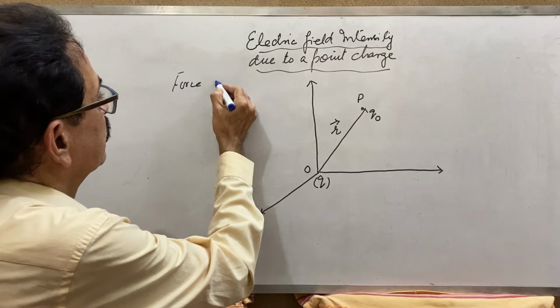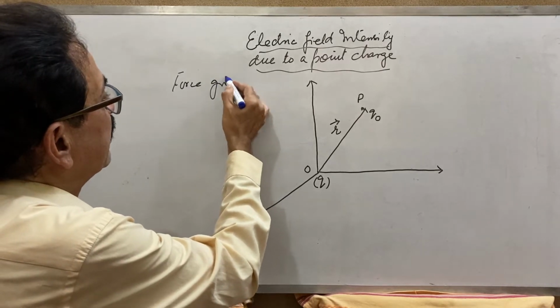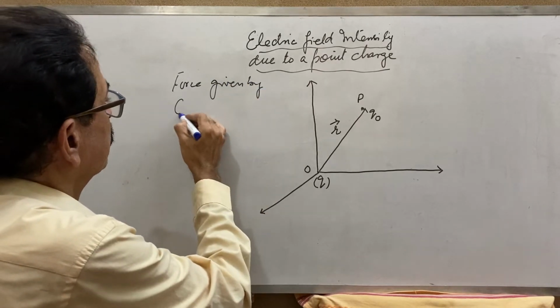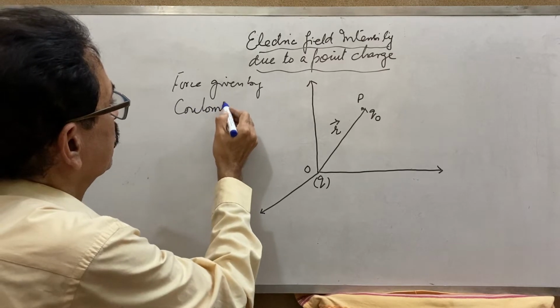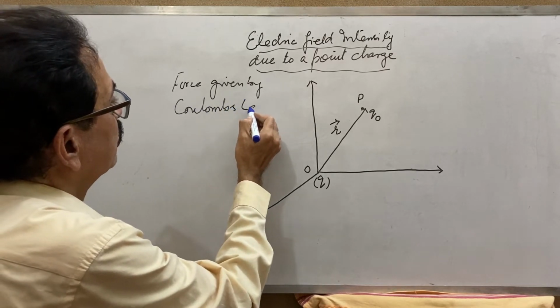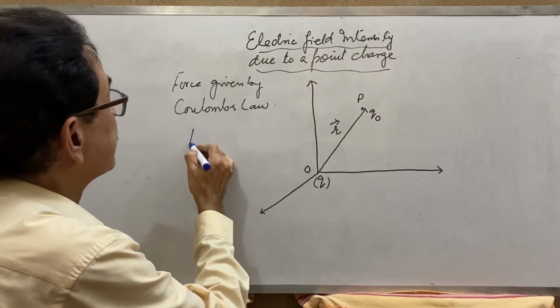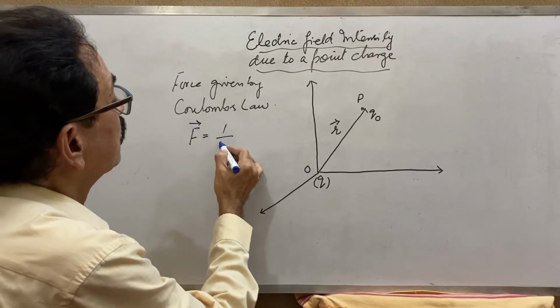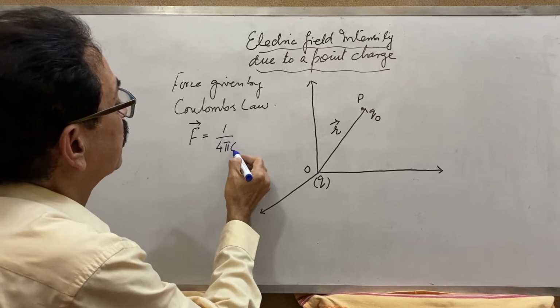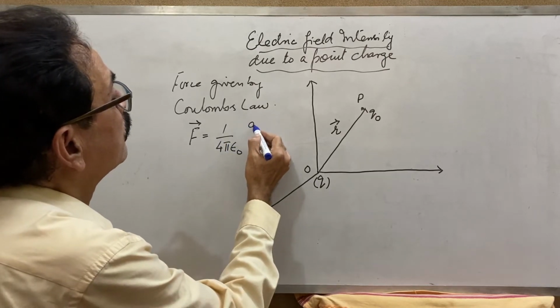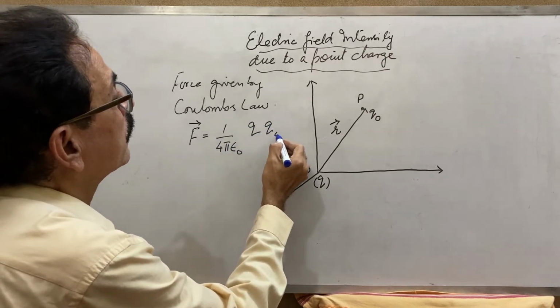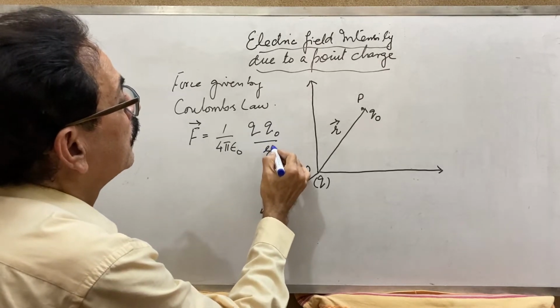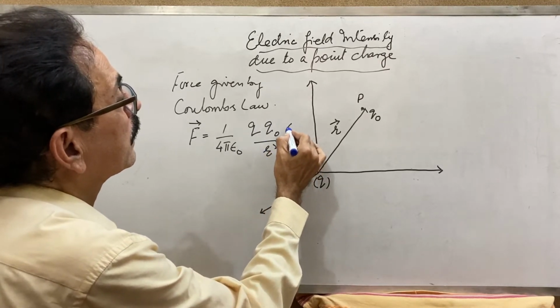Force given by Coulomb's law: F is equal to 1 upon 4 pi epsilon naught Q Q naught upon R square R cap.